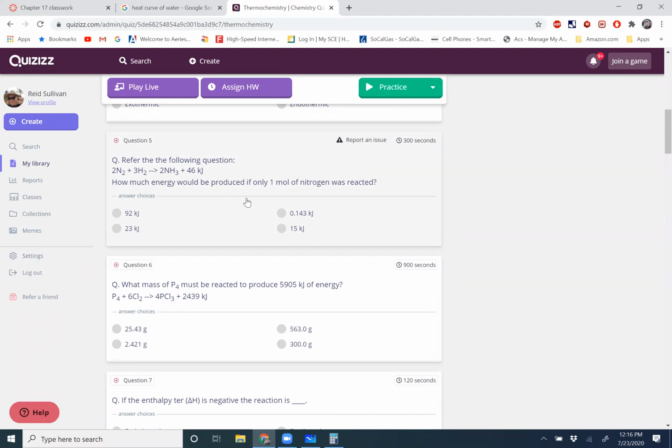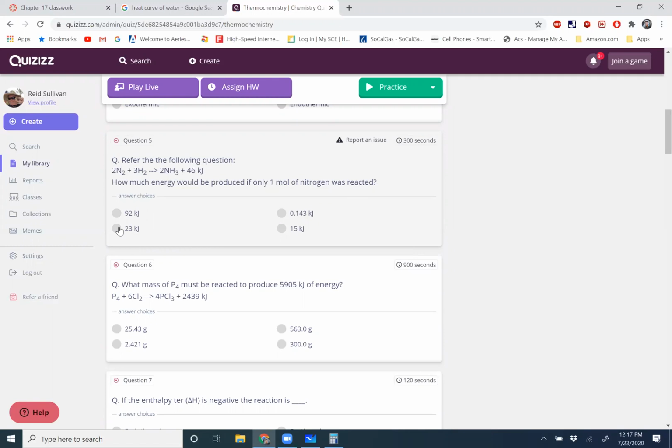And the answer is, you'll notice that 46 kilojoules of energy is being released. Well, that is for 1 mole of nitrogen, but you'll notice this says 2 moles of nitrogen. So for every 2 moles of nitrogen, we make 46. So 1 mole of nitrogen would be half that, 23.